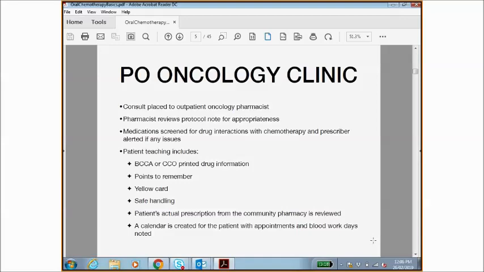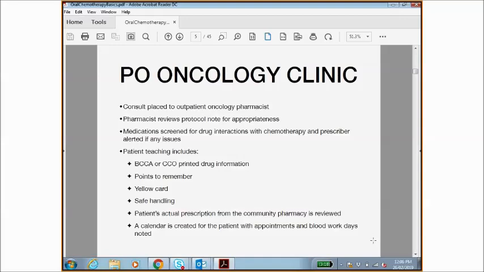So what kind of teaching do they get? They get some information from the BC Cancer Association or Cancer Care Ontario, which I'll talk about in more detail further on. They'll get some points to remember. They'll get a yellow card. Does everyone know what the yellow card is? Are people familiar with this?